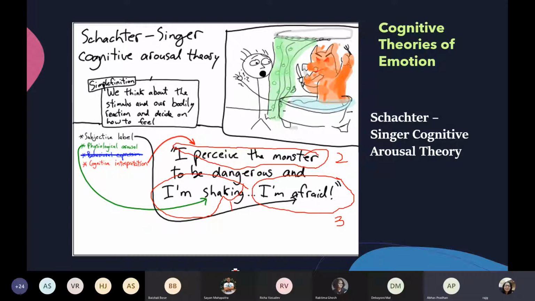But this increased heart rate, whether it will be fear or excitement, will depend on your appraisal of the situation. So if you know that he is going to call me to let me know about a prize, an award that I'm going to receive, then the increased heartbeat will be interpreted as excitement. But if you are under threat of some kind of a scolding, then that increased heart rate will make you feel scared. So this appraisal is as per the situation.